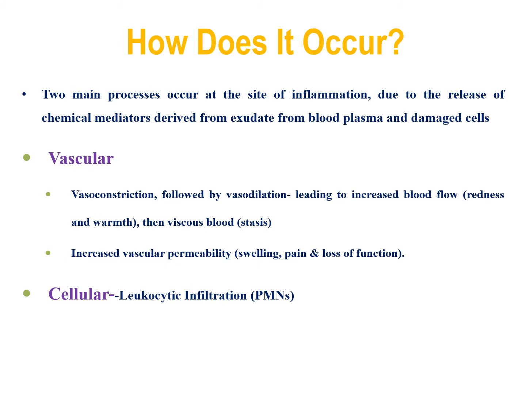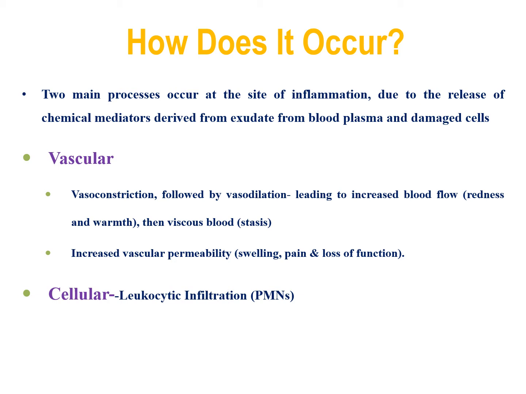How does it occur? Two main processes occur, and these main processes occur due to the release of chemical mediators that come from the exudate. That means fluid that comes from the blood plasma, but chemical mediators can also come from damaged cells. I will discuss these chemical mediators in just a moment.